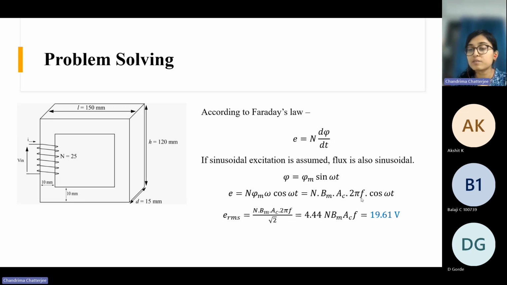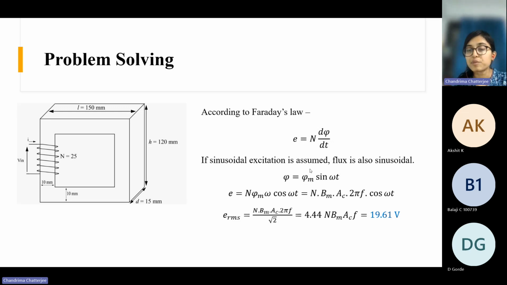And if we want the RMS value for any sinusoidal or cosinusoidal quantity, then it is divided by root 2. So N is given, Bm we calculated, cross-sectional area we know, 2πf is given. So from here you can get 19.614.